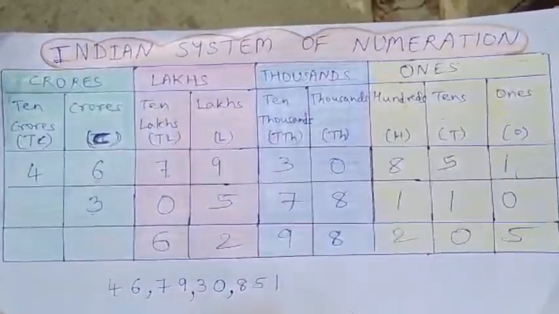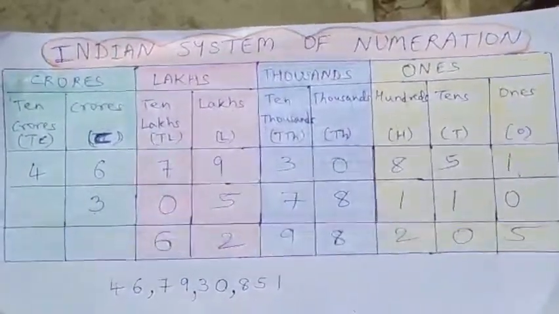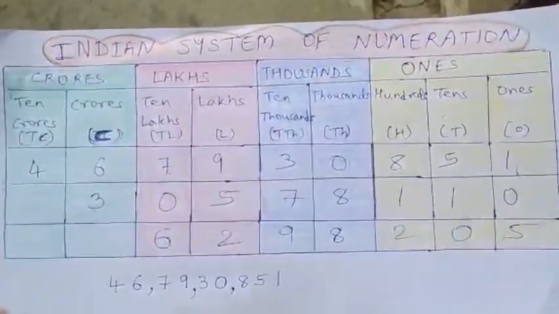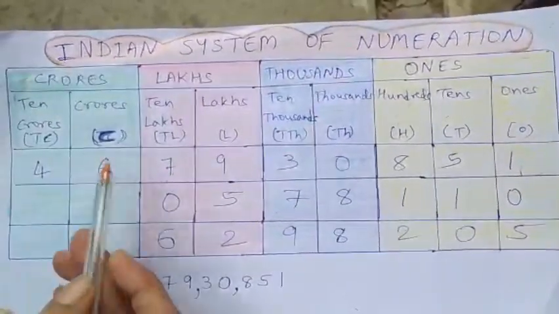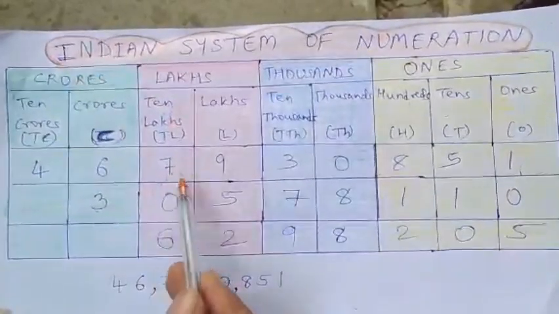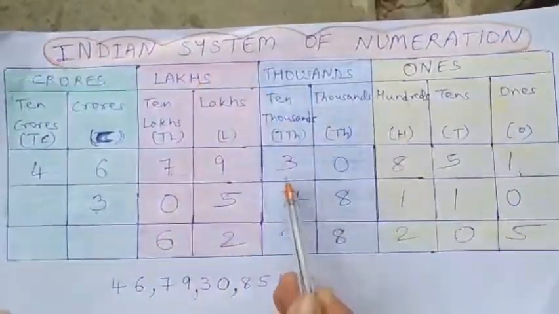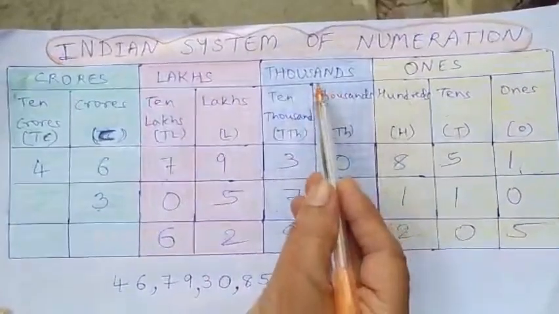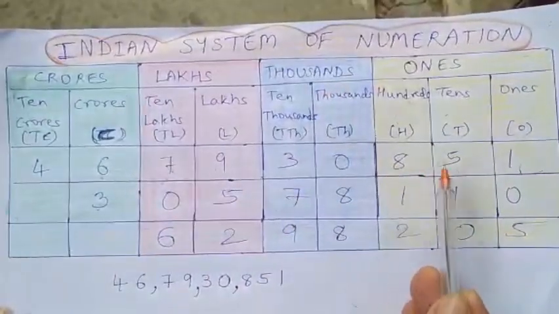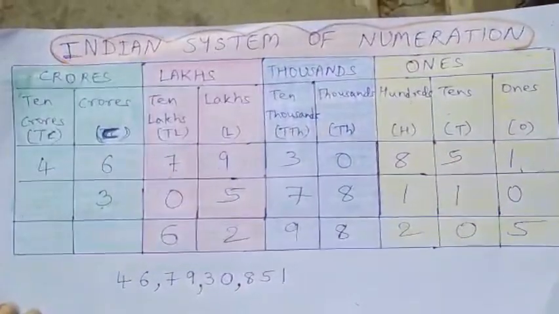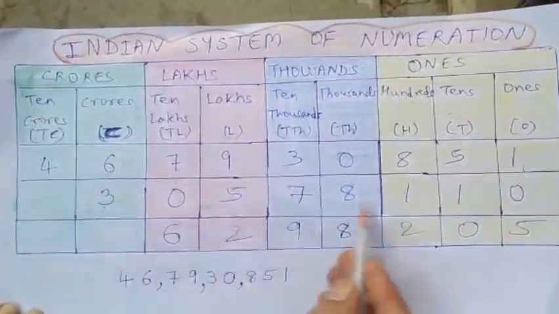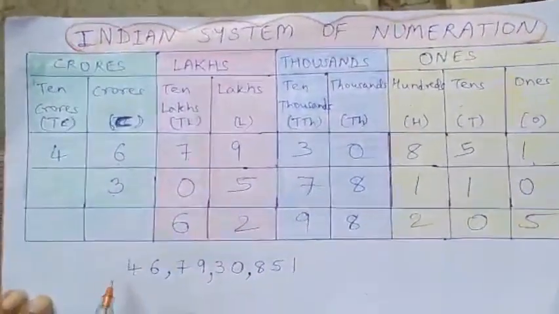So, now comma putting is over. Now we will try to read this number. 46 crore 79 lakh 30,851.